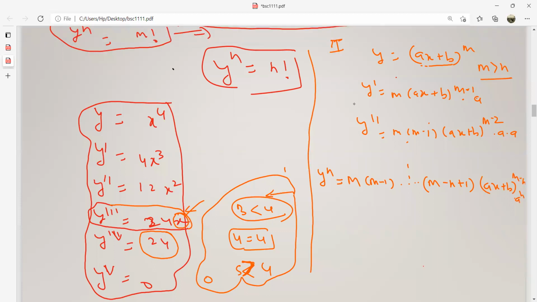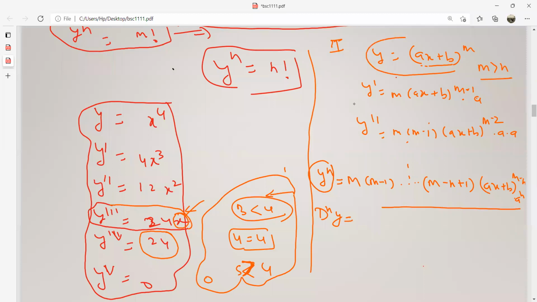Please multiply by a to the power n. This is your formulation. I have already mentioned this can be written as d to the power n of y. Sometimes you write the nth derivative y to the power n in the form d to the power n into y. So this is your formulation for such type of function.